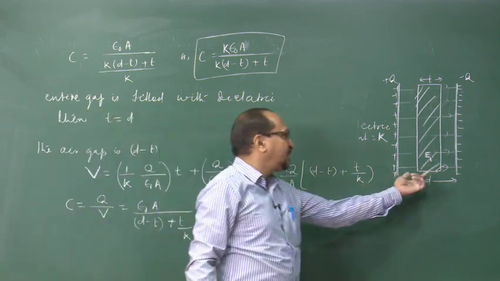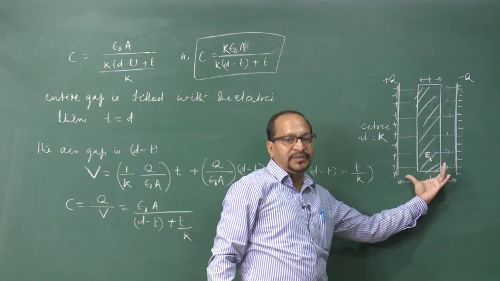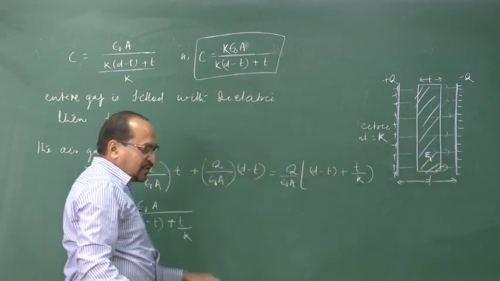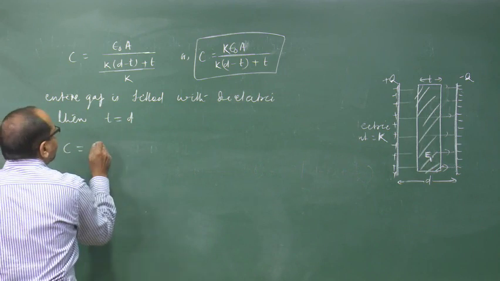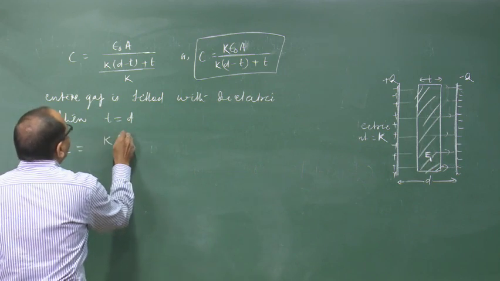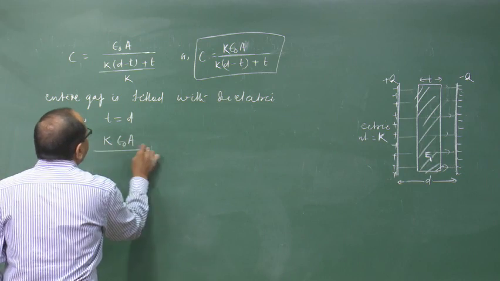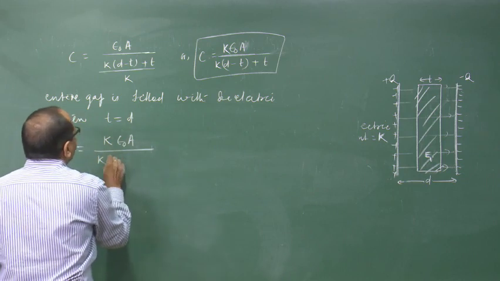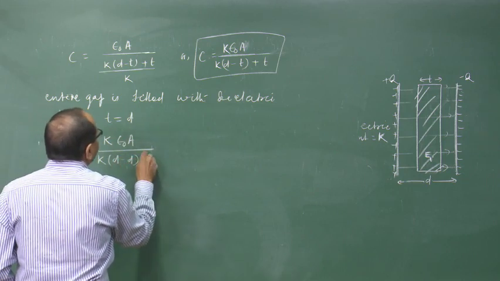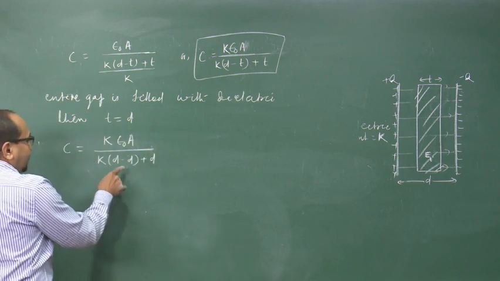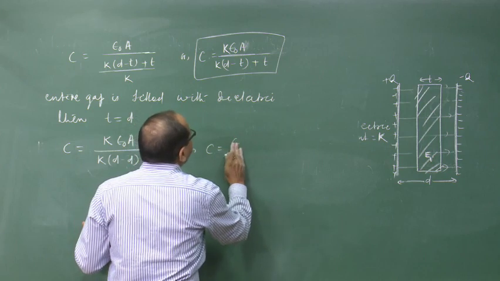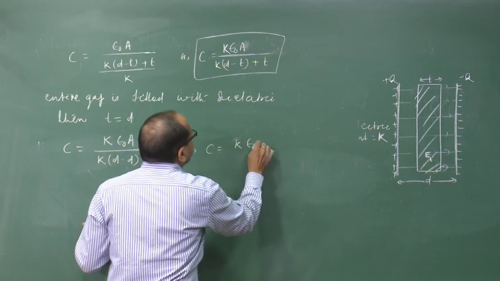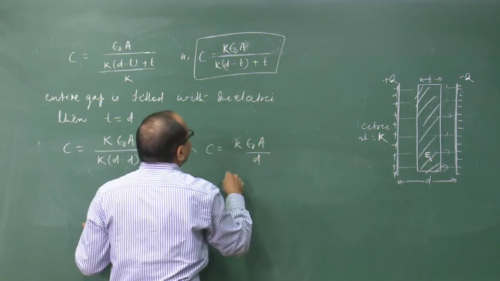The thickness T of the dielectric becomes equal to d, and in the above equation, putting T equal to d, we get C is equal to k into epsilon naught A by k into d minus d plus d. This is 0. So, C is equal to k into epsilon naught A by d.